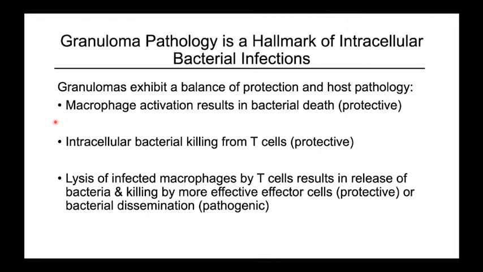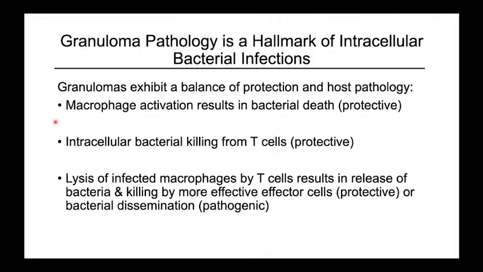Okay, so when you have your interferon gamma and tumor necrosis factor alpha being produced, this activates your macrophage. I've told you what the activated macrophages do to help in bacterial death: induction of oxygen metabolites and release of lysosomal enzymes. So those are protective responses, okay?